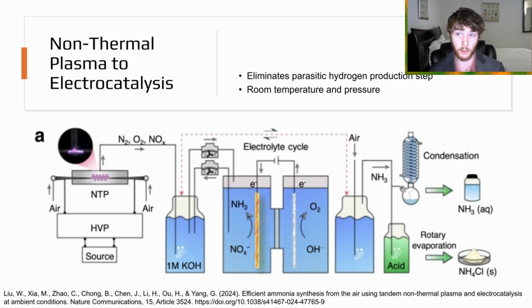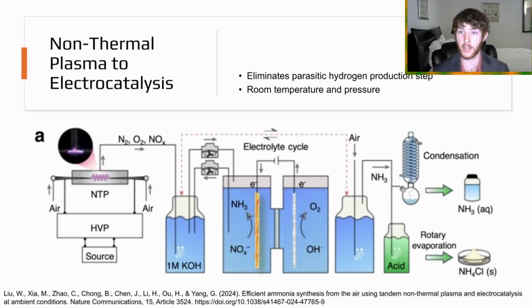The direct output of this non-thermal plasma unit in Liu's research is essentially directly put into solution. In scale-up, we would need to look at an absorber column or something that can handle more volume.